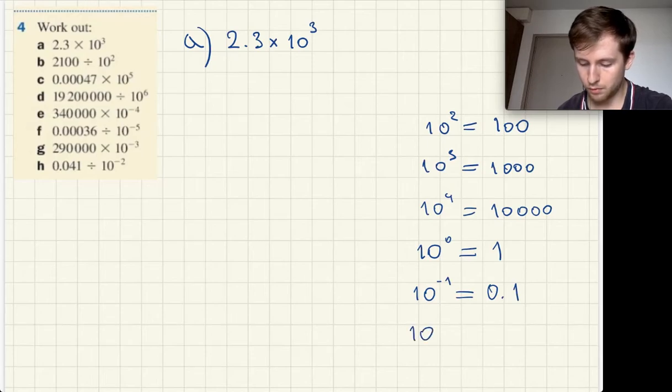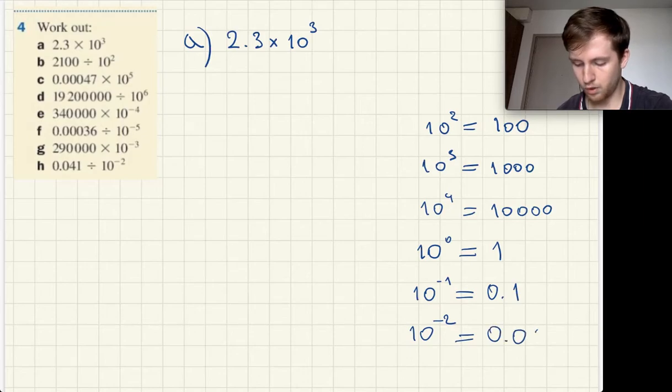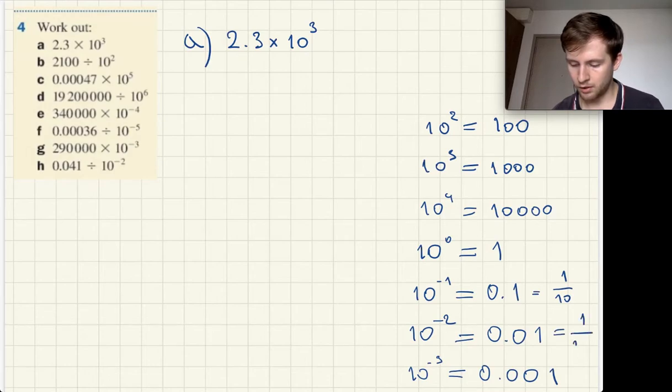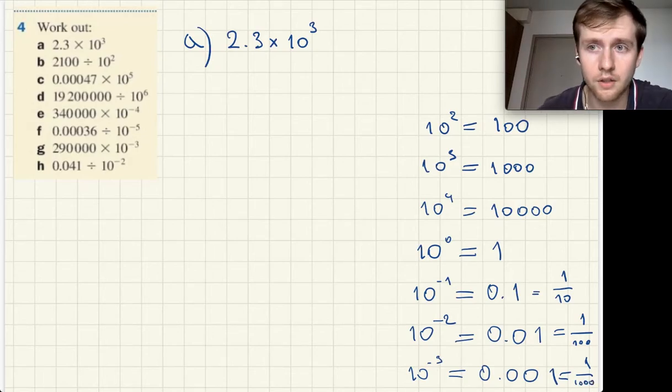For 10 to the power negative 2, it's going to be 0.01. For 10 to the power negative 3, it's going to be 0.001, and so on. So it's equal to 1 over 10, 1 over 100, 1 over 1,000, like this.